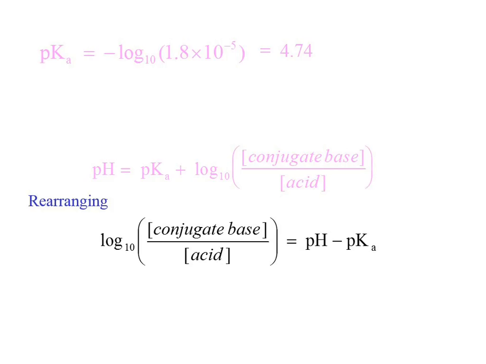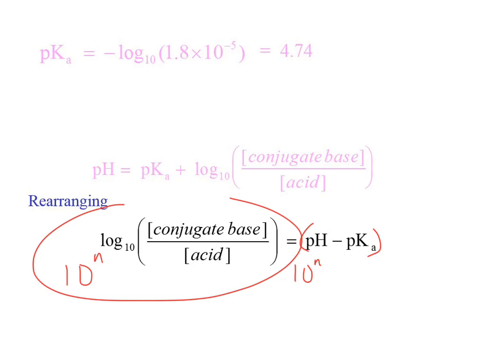We do the same thing on either side of the equal sign. It is legitimate. Now the cool thing about this one, 10 raised to the log base 10 of that, and I think we used this trick before, is actually going to be the molar concentration of the base over the molar concentration of the acid, which is equal to 10 raised to the quantity pH minus pKa. And that's my other form.